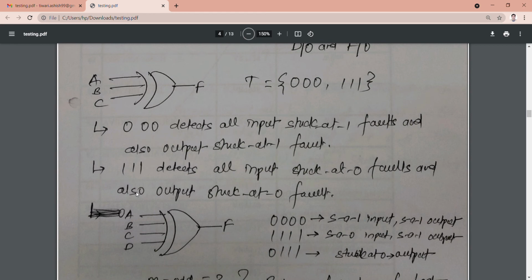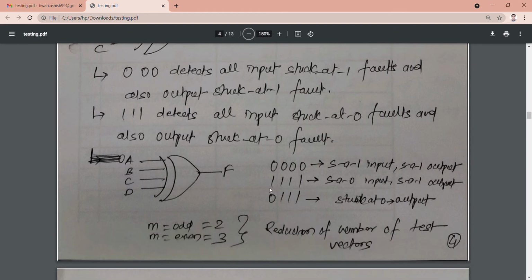So for even input cases, one additional test pattern will be needed. How? Suppose all 0s, 0 0 0 0, will detect all stuck at 1 at the inputs and also stuck at 1 at the output, that we have already seen here. Now if we apply 1 1 1 1, then all stuck at 0 faults at the input can be detected, and stuck at 1 at the output can be detected.